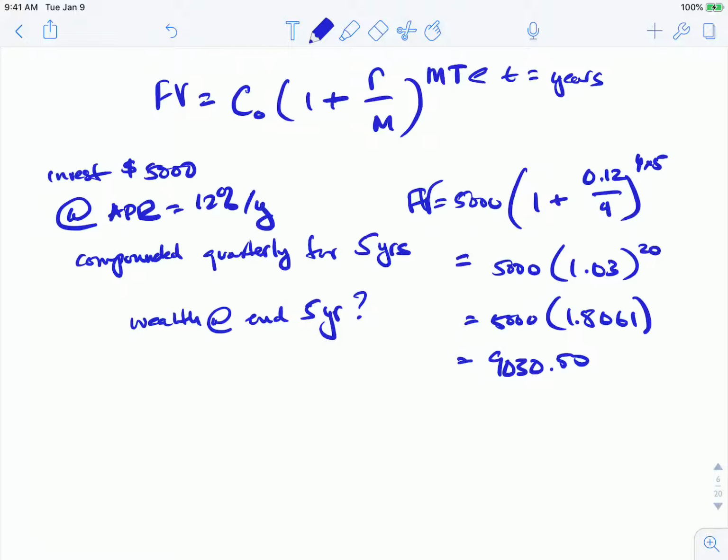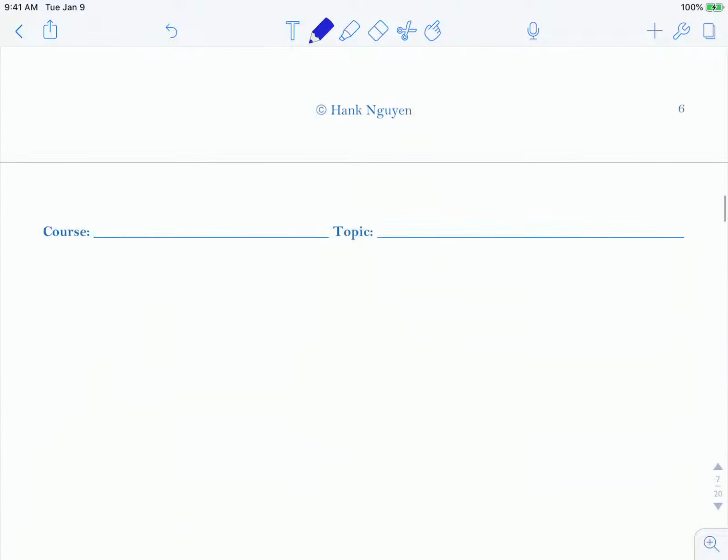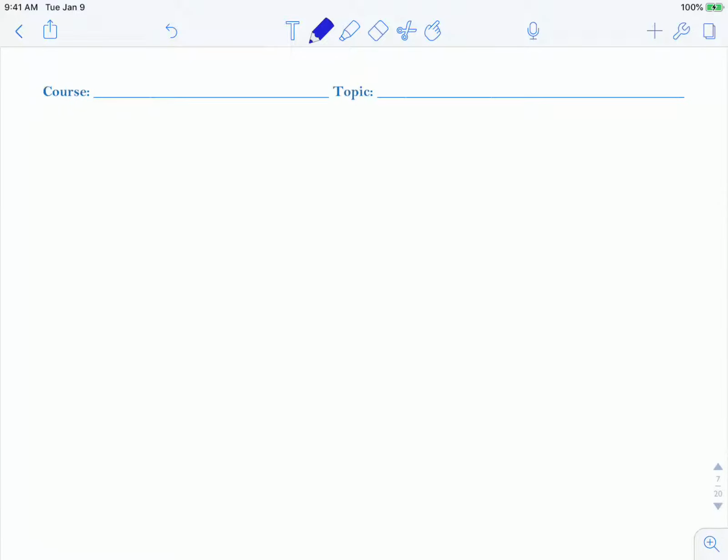That's not too bad. So the harder part is, what if it's continuous compounding?